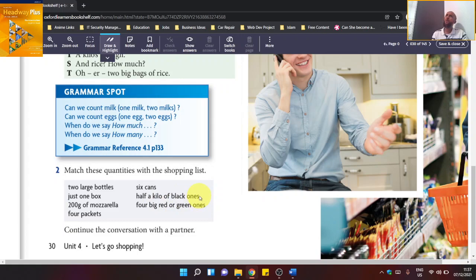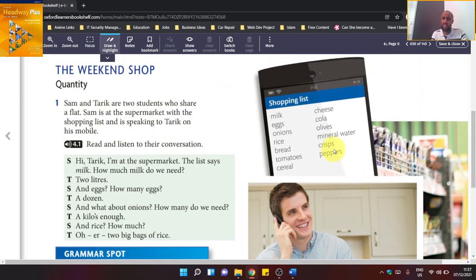The next one is half a kilo of black ones. What is something that is black in color? So I think we can safely say olives, right? Olives usually can be green, and they can come in black as well.